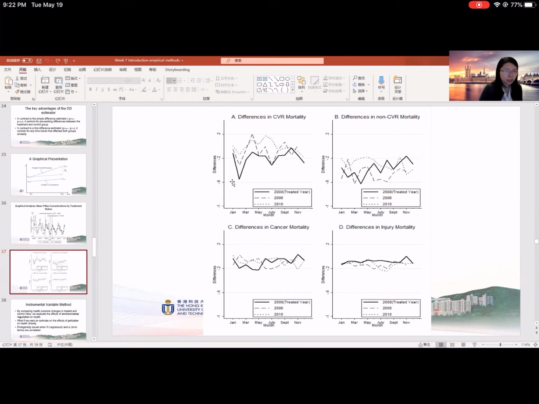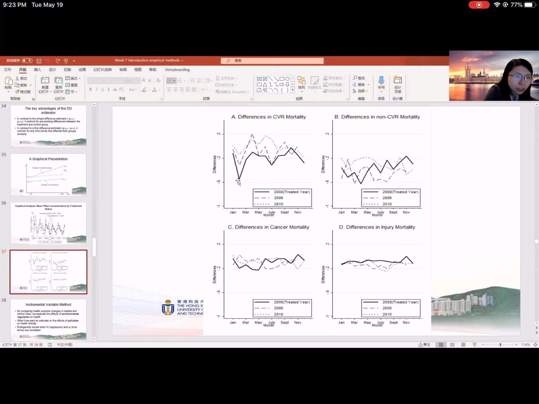The difference is defined as treated minus control, so how much more or less likely were Beijing residents to die because of several causes. CVR, or cardiovascular respiratory, we believe these types of diseases are more related to pollution, and non-CVR is cancer and injury.